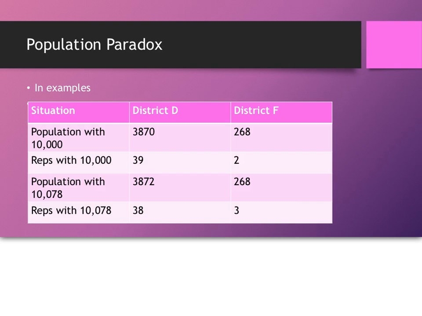So what we're saying is that when we had 10,000 people, District D had 3,870.